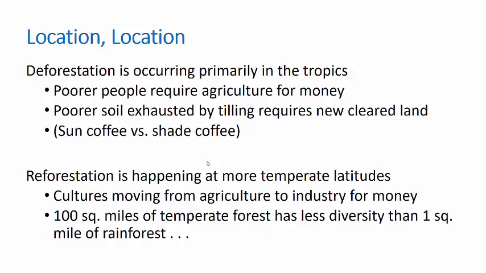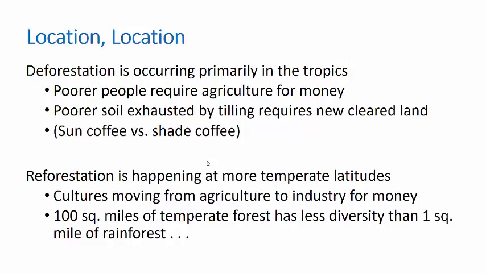And since you're in one of these poor tropical countries, because what we're talking about here is Central America and the northern half of South America, or you're talking about right through the center of Africa, that's a place that doesn't have a lot of money, so you're not going to have a lot of industry, and you don't have a lot of chemicals. So you can't spray fertilizer. So that chemical fertilizer that we talked about several lectures ago, that's not there for you. So your soil is exhausted.